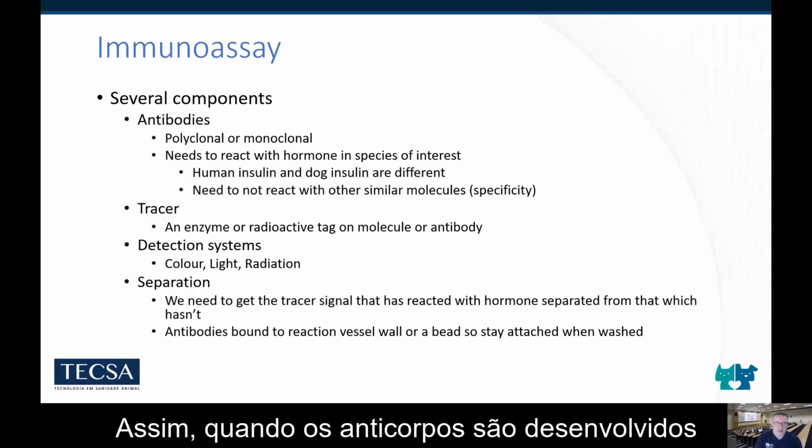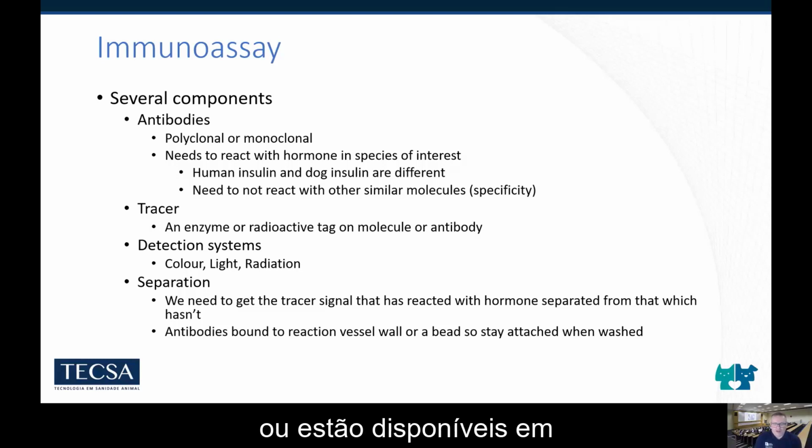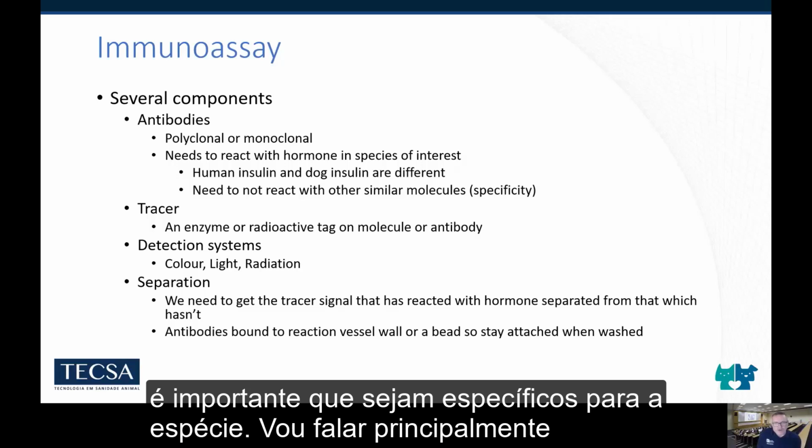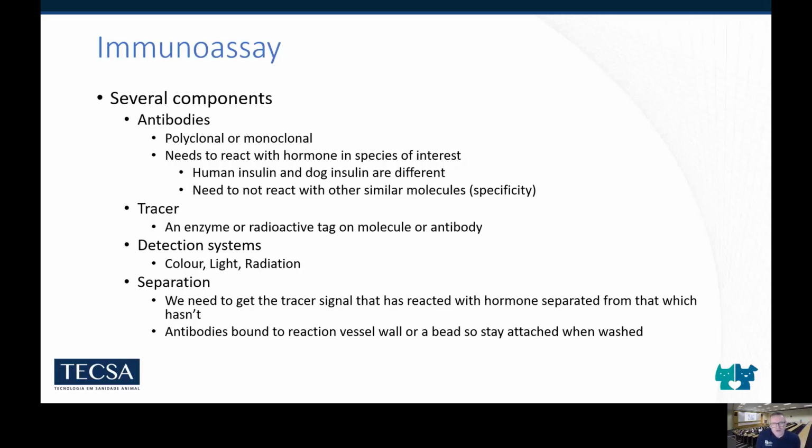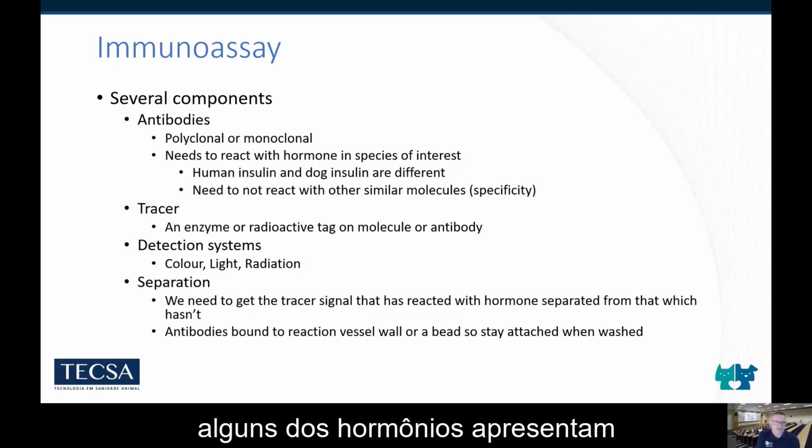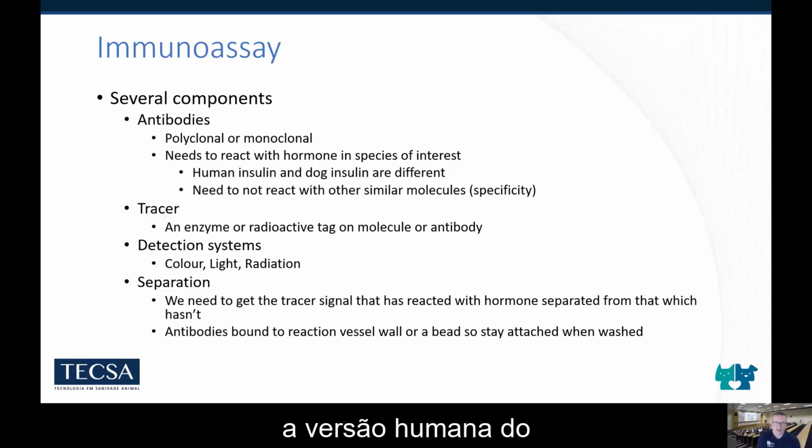So it's important when antibodies are being developed or are available in particular kits that they're going to work for our species. So predominantly I'm going to talk about dog in this presentation, and there would be some hormones where there'd be a physical difference between the human version of the hormone and the dog version.